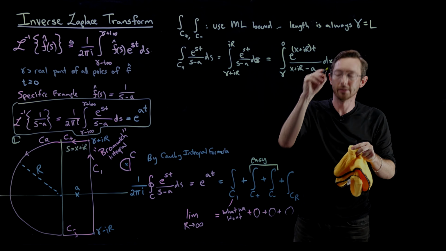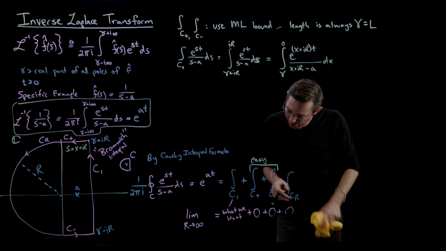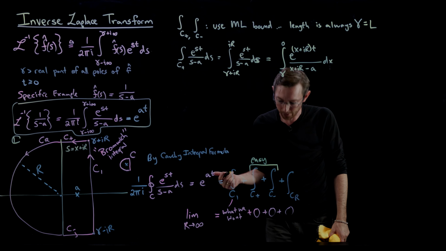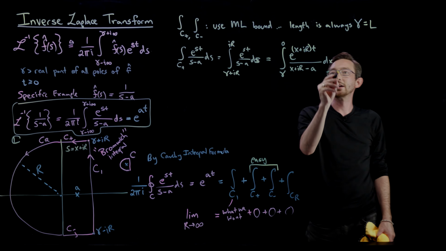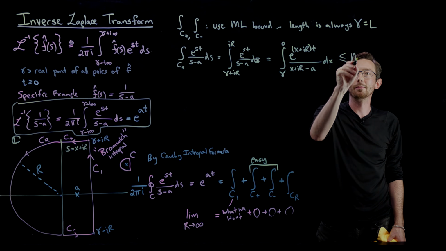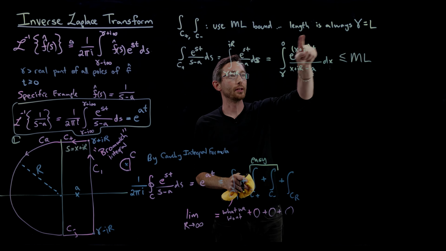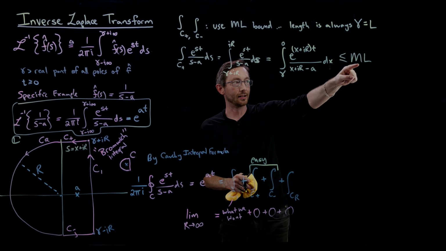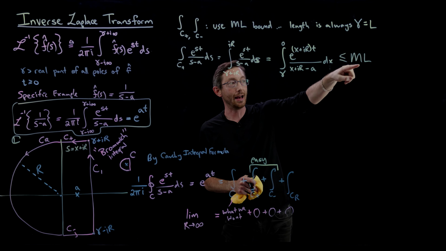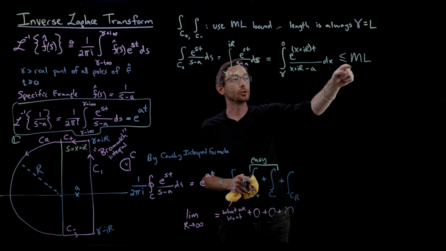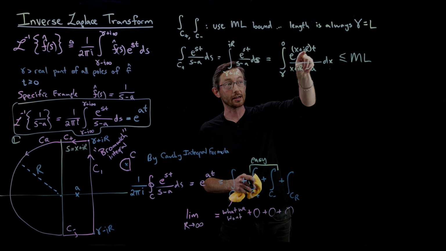I'm going to check my notes because this could be something I would make a mistake on, but this is correct. What we're going to show is that this is less than or equal to some ML bound. The length of this is gamma. We're going to show that this quantity is no greater than M on that whole path, and that M gets smaller and smaller as r goes to infinity.